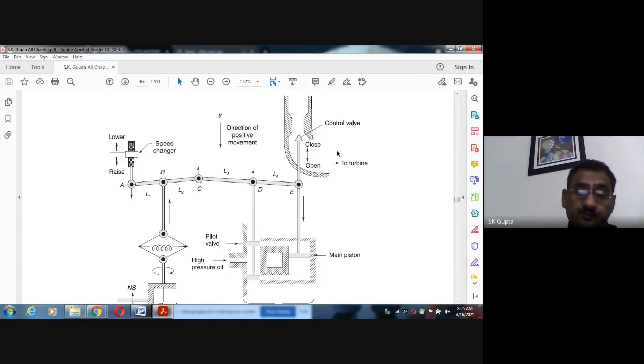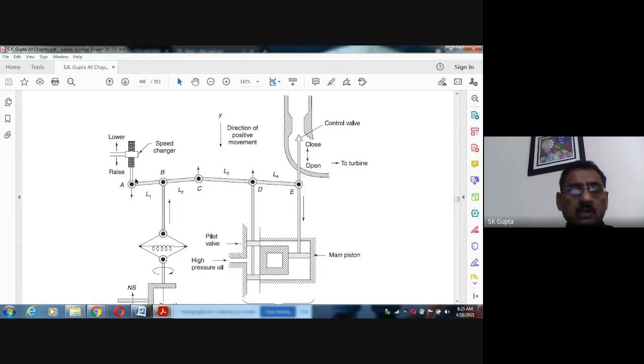Now, there is another, here you see, this is called the primary automatic load frequency control, which we described in the previous diagram. But now at this time input is equal to output, but speed is less.